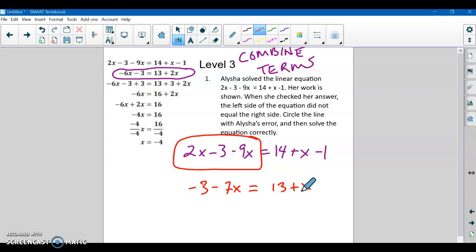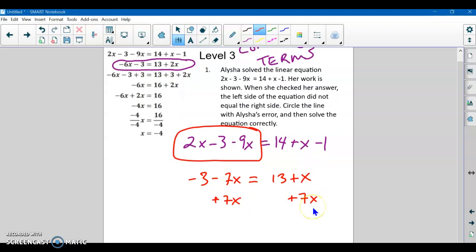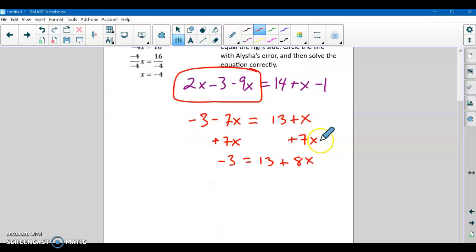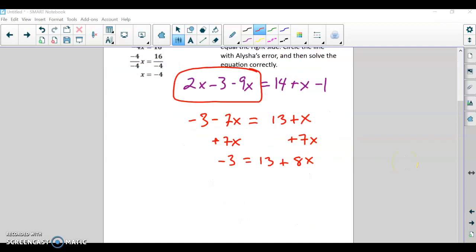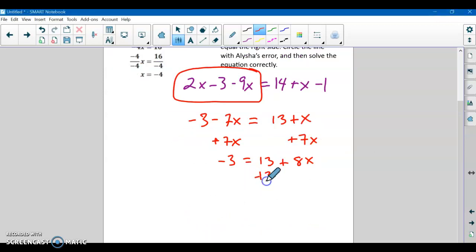Now, we just got to get all of the x's on one side and all of the numbers on one side. So I am going to move my 7x. So we have to add 7x to both sides now. So now I've got negative 3 is equal to 13 plus 8x. Now I want to move my 13 to the other side.